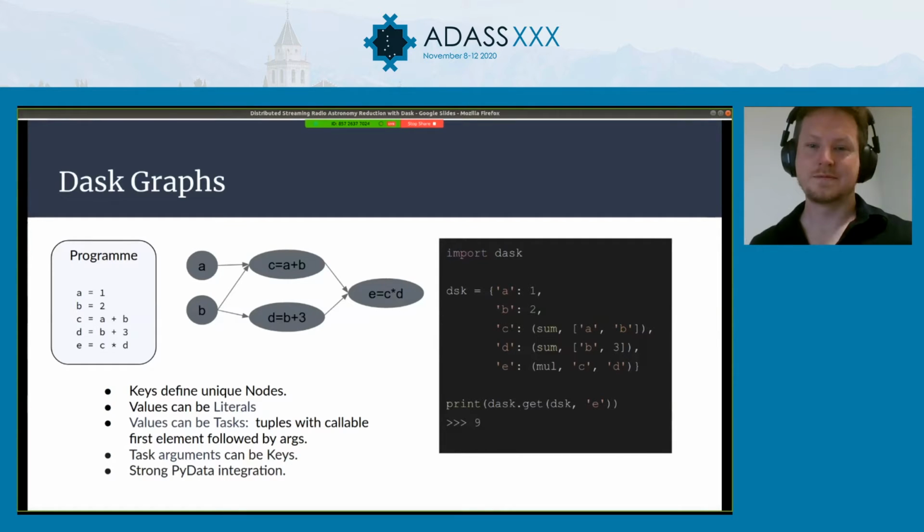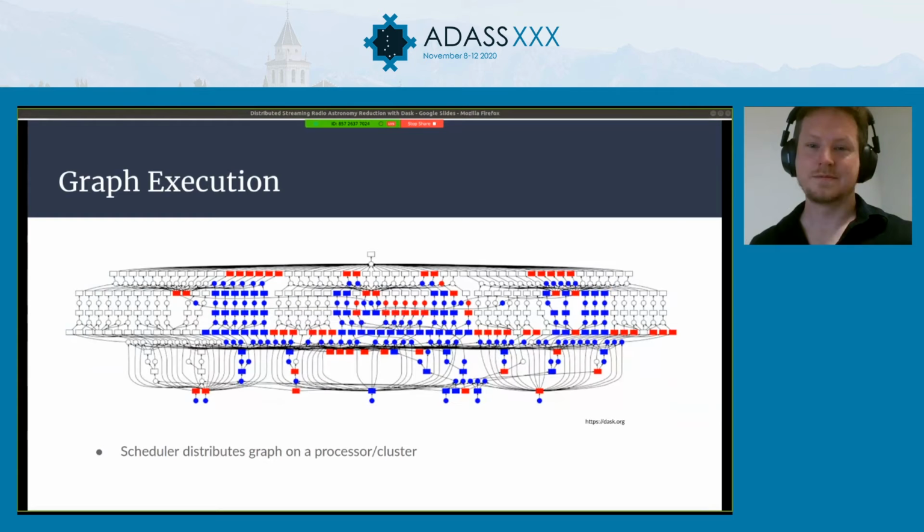So I think what's important about this representation is that it's very simple and it's very flexible, because essentially any Python callable can be encoded as a graph task. And this means that Dask integrates very tightly with the rest of the PyData ecosystem, particularly with packages such as NumPy, SciPy, and Pandas.